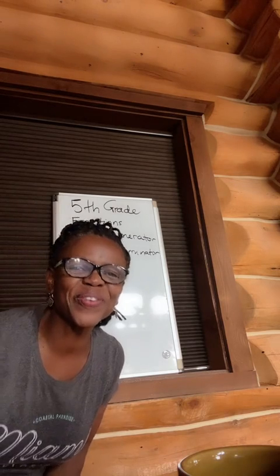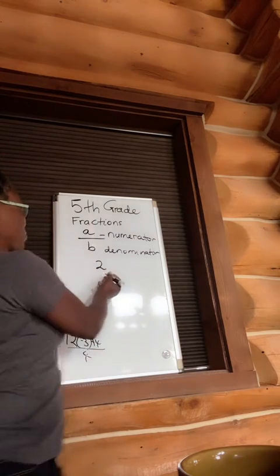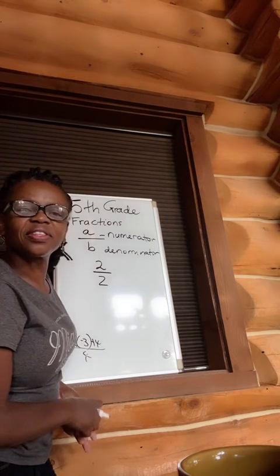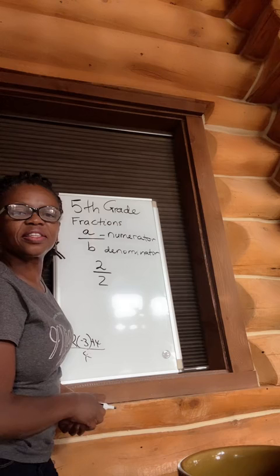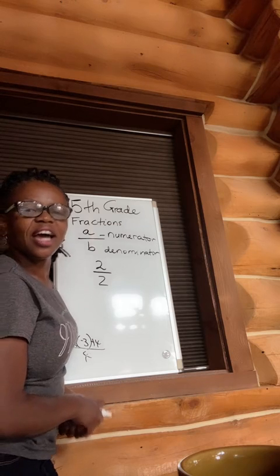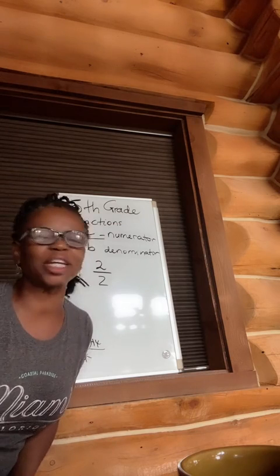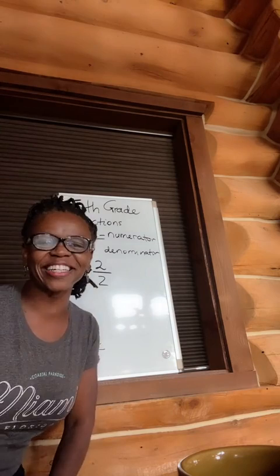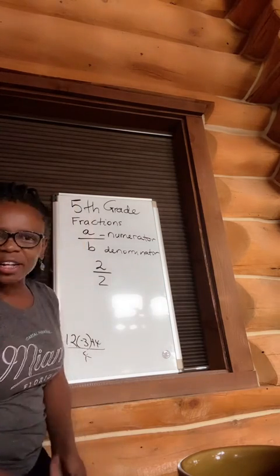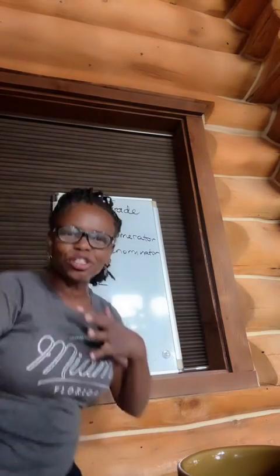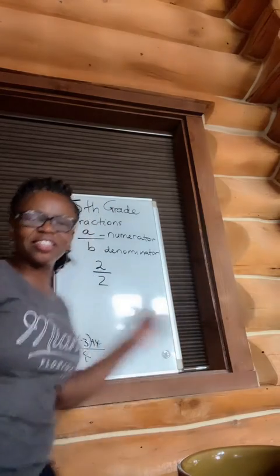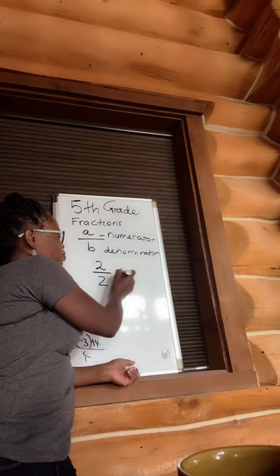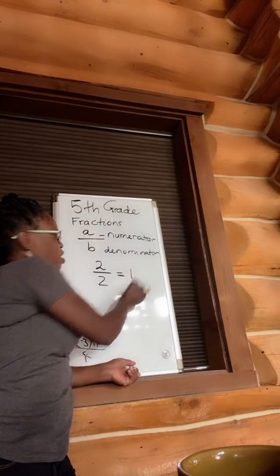You said 2 and 2. Oh, I see. You took a different direction, but that's okay. I gave you a number and asked you to show me a fraction, so this is your way of doing it. This is 2 over 2, and this is 1.